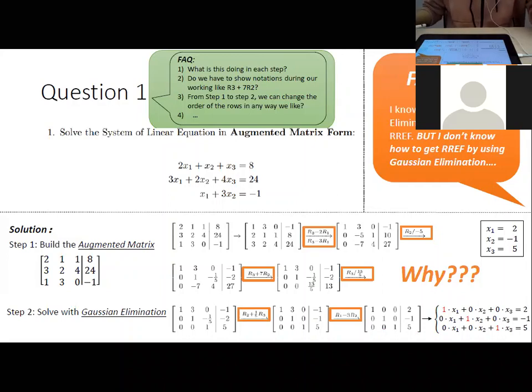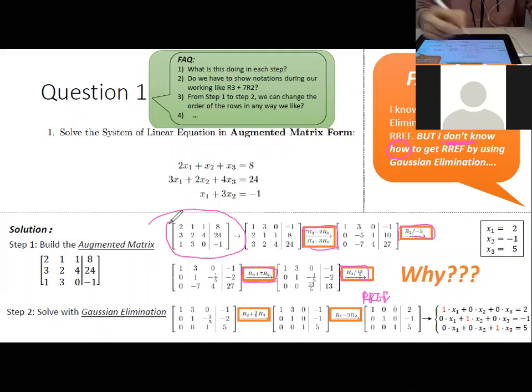But some of you still have questions like this: I know what Gaussian elimination is, I know what RREF is, but I don't know how to get RREF by using Gaussian elimination. I think some of you have the same problem, that you don't know how to find the proper operations and do them sequentially to get the RREF at the end from the augmented matrix at the beginning.